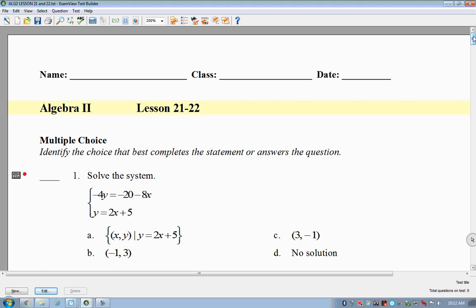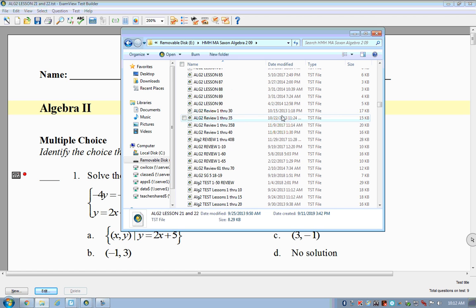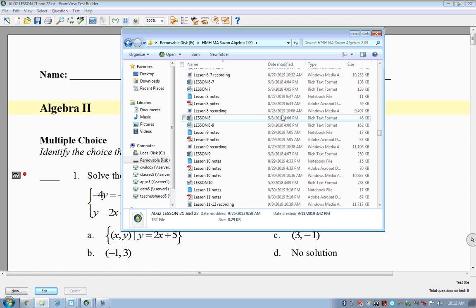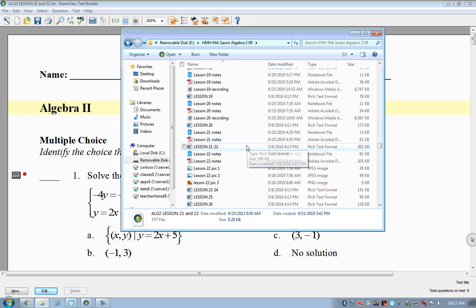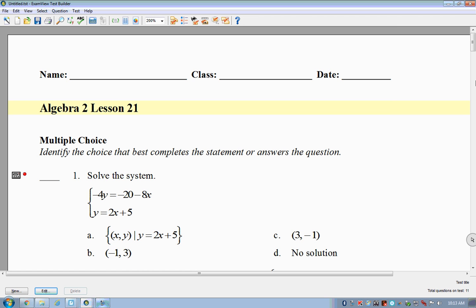Okay, well that's a problem. Let me just double check and see if there really is no 21. For some reason, no 21 shows up in here. I don't know why that is. Okay, well I'm going to hit pause for a second. All right, so we just made one up.